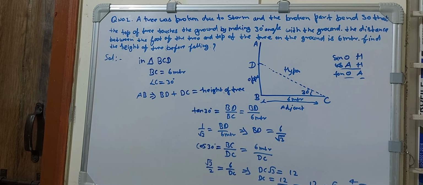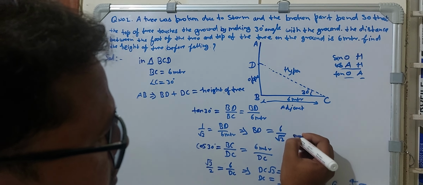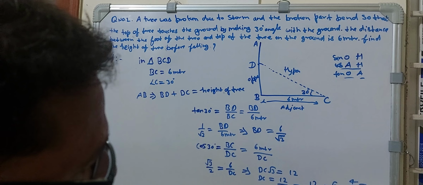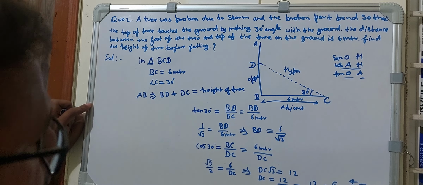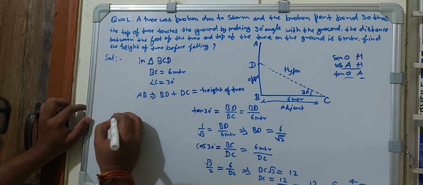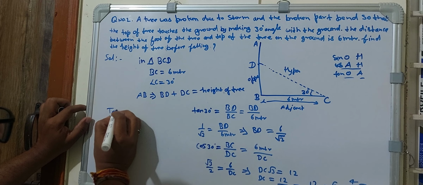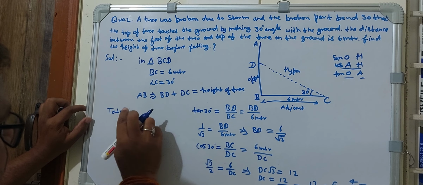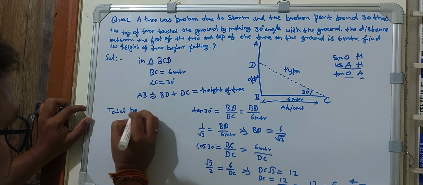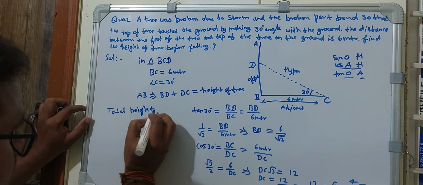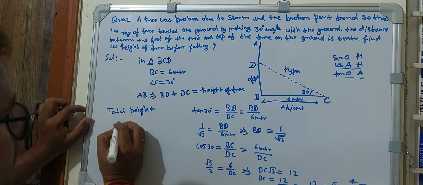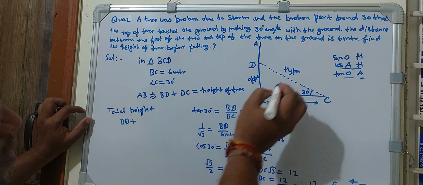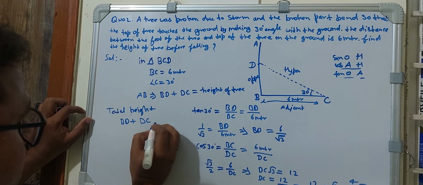Now as we know, BD is equal to 6 by root 3 and DC we have 4 root 3. So total height is equal to BD plus DC.